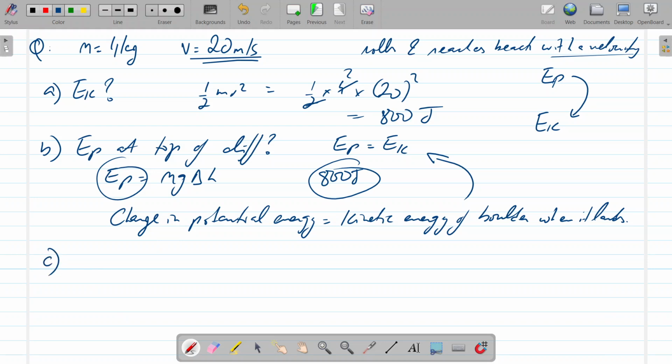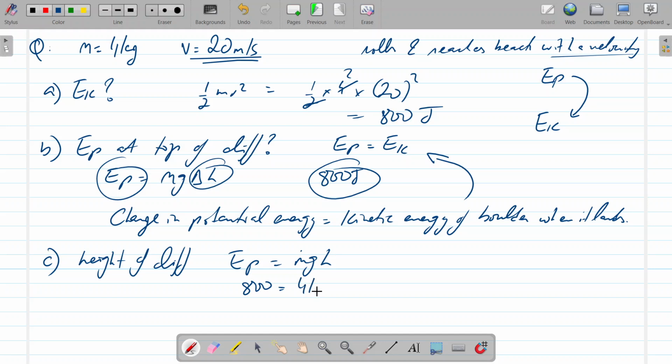Here's where the calculation comes in. What is the height of the cliff? So what is delta H? And so now we use mgh: 800 equals, we know the mass is 4 kilograms, we know the value of g, which is 9.8, and what we need is the height.